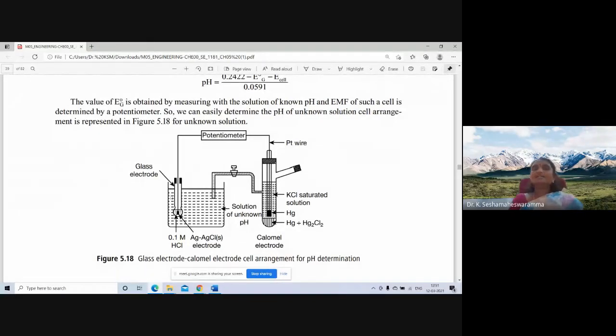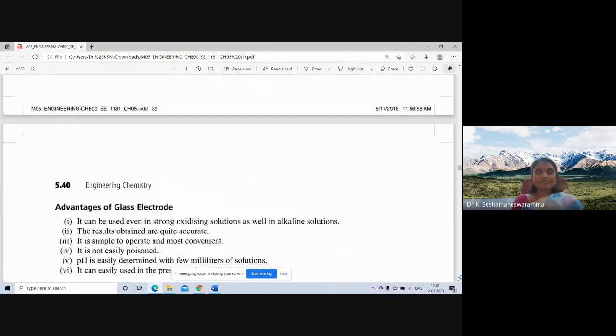Then we are connecting both the electrodes with a potentiometer through platinum wire. So with this we can easily measure the pH of any unknown solution. Glass electrode, calomel electrode cell arrangement for pH determination. This is a very, very important one.